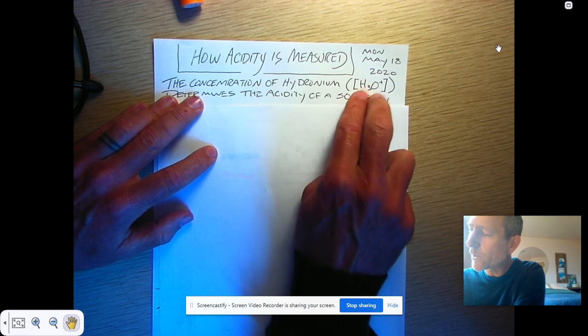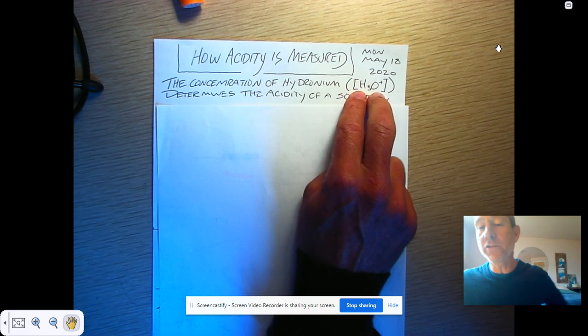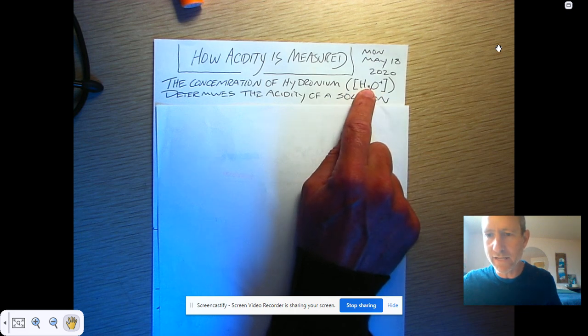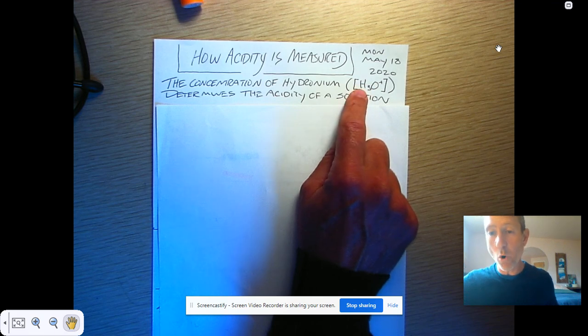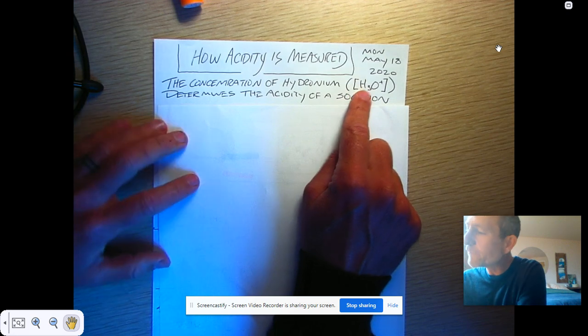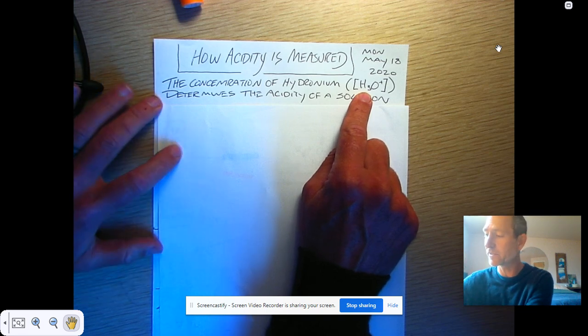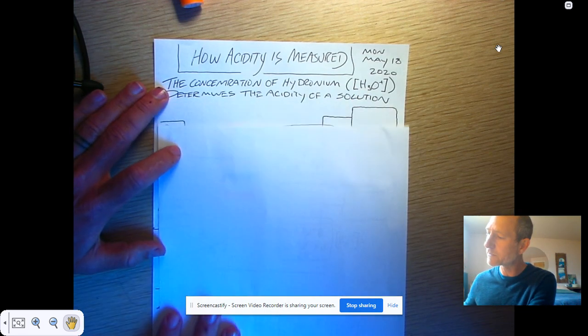Whenever you see the square brackets like that, it means you're talking about the concentration of whatever chemical is inside of the brackets. And they're usually talking about units of molar concentration, or moles per liter. So if you know how many moles per liter of hydronium you have, then you know how acidic your solution is.